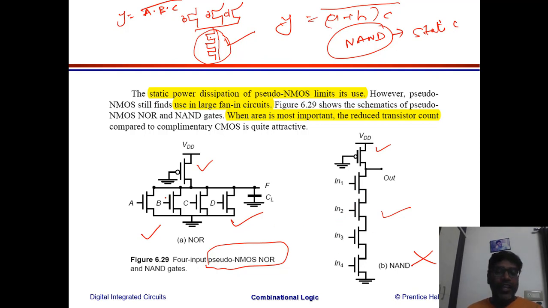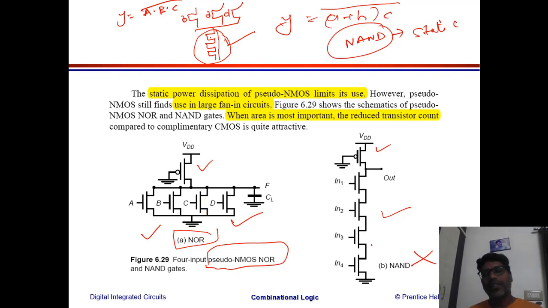Had this been a static CMOS, you would be having 4 PMOS in series. Definitely we would have neglected this. Rather now it is just a single PMOS. So I would like to prefer only the NOR because the maximum critical path is only one NMOS gate.